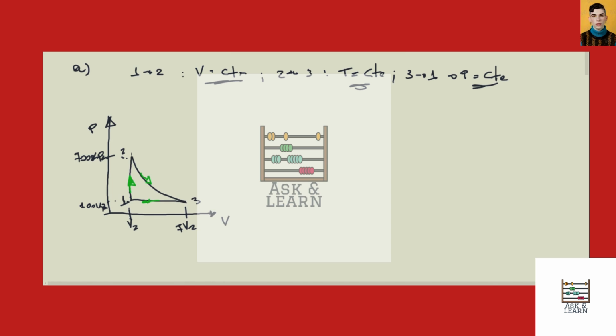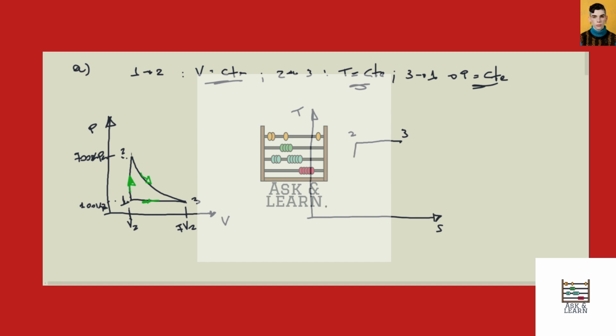Now the TS diagram is going to be here. Well, an isotherm path in a TS diagram is represented by a horizontal line. So the path from 2 to 3 is going to be a horizontal line, and we know that constant pressure or constant volume in a TS diagram is represented like this.